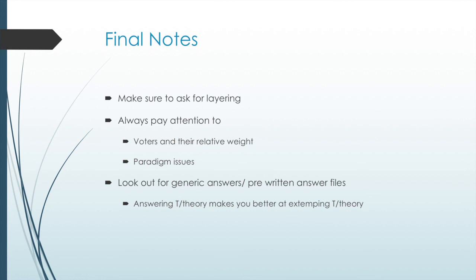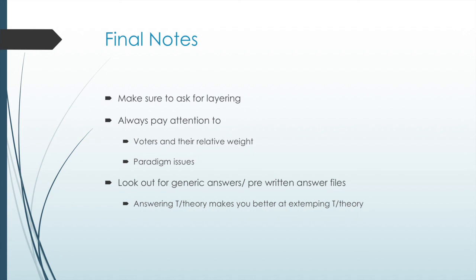And the last kind of advice I have is look out for generic answers or pre-written answer files to certain T or theory shells. T in theory is constantly evolving. The warrants for individual standards and what standards are included under different interps change all the time.